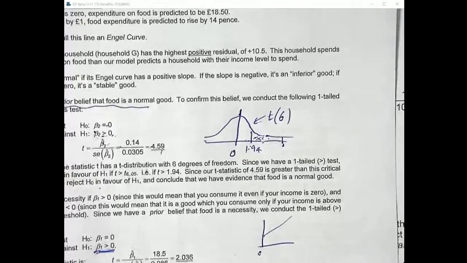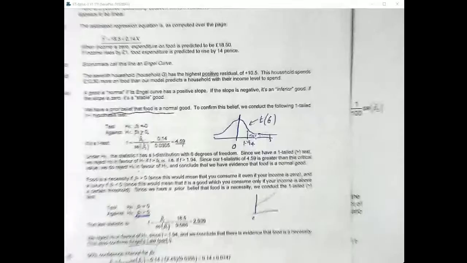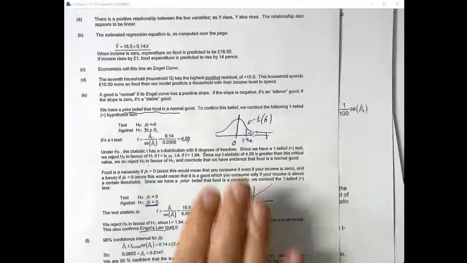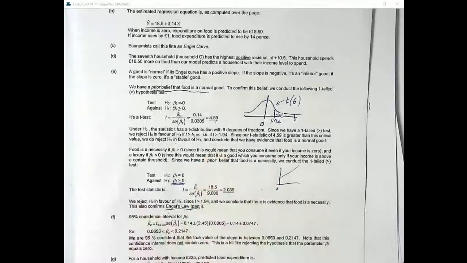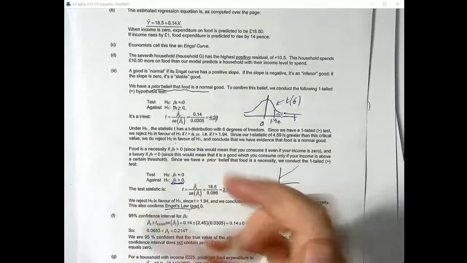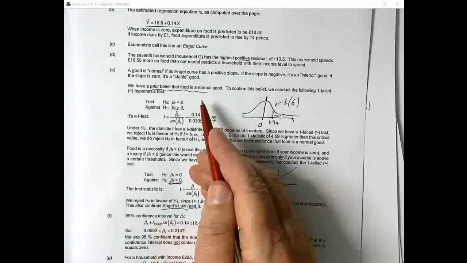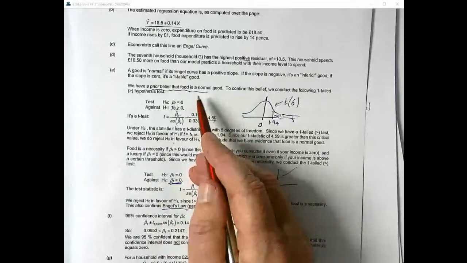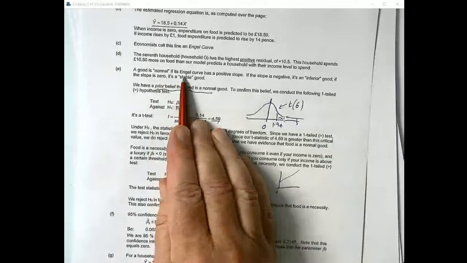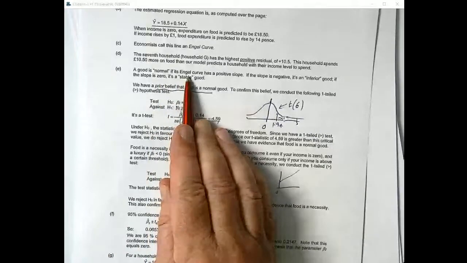All right. Now, just going back to this. A good is a normal good. The question was about one-tailed and two-tailed. I understand this might be confusing. A good is normal if its Engel curve has a positive slope.